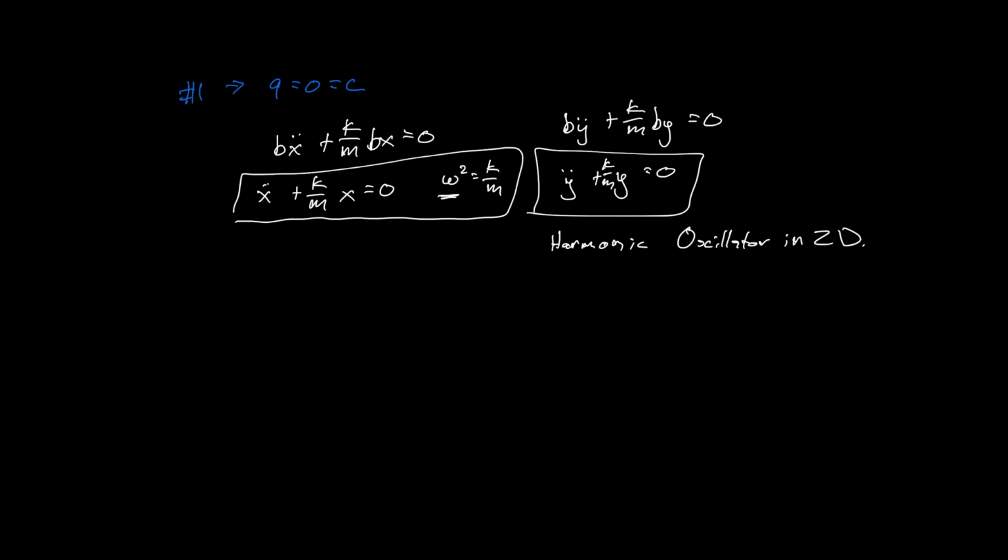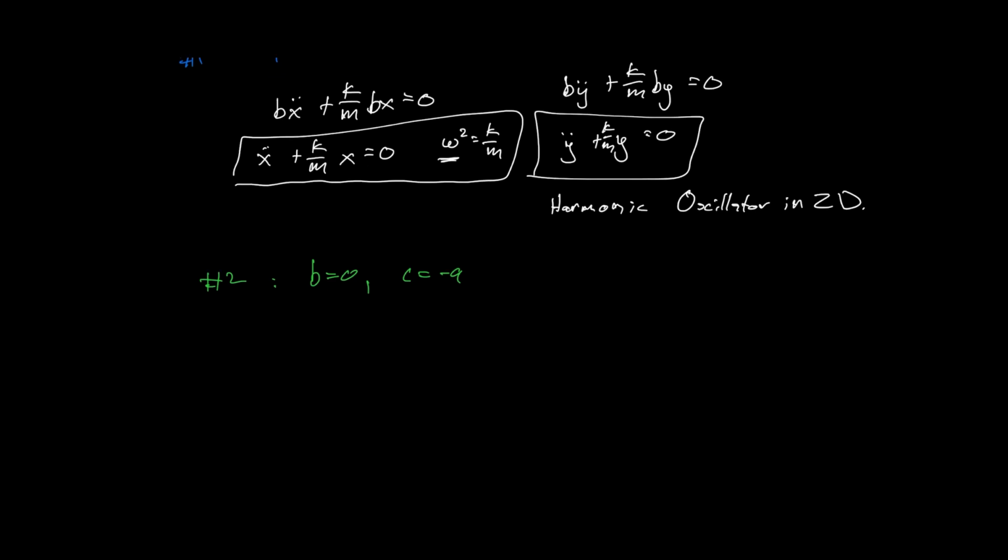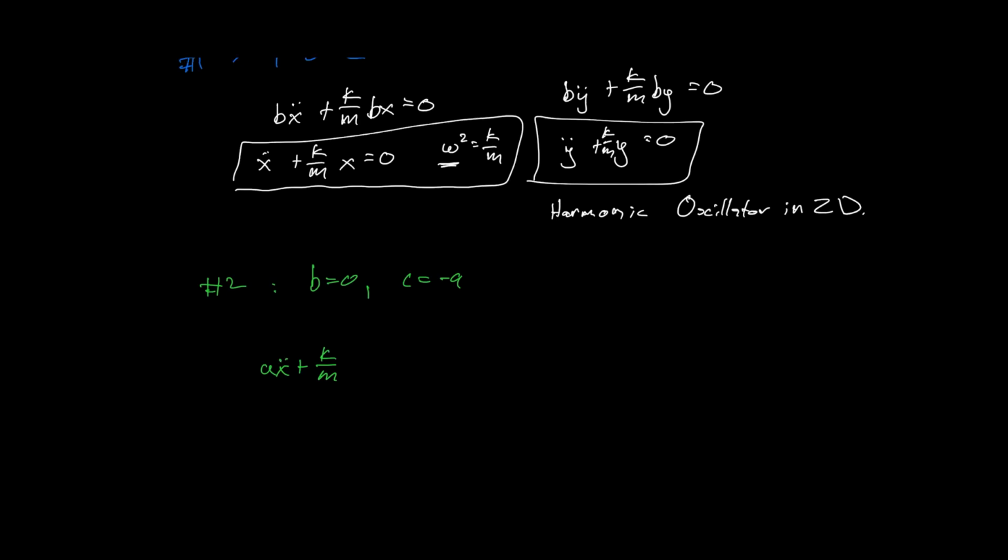All right, so our special case number 2, what was it? It was b equals 0 and c equals minus a. So we end up getting these equations. You get ax double dot plus k over m ax equals 0. If you go back up and just substitute 0 for b and minus a for c, that's all we're doing here.